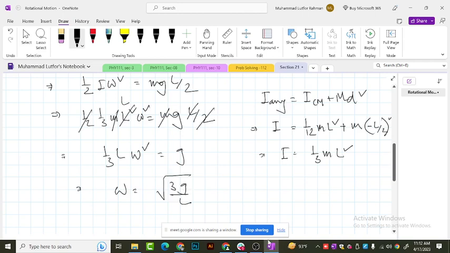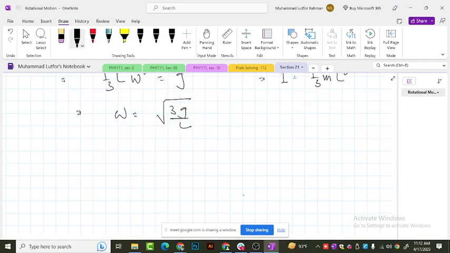Alright, so if I know that angular velocity, then I'll be able to find the linear velocity or linear speed, which I can write as omega into r. So I found omega, which is root over 3g by L, into L, right? And L actually is 1 meter. If you plug in those values, it should be 3 into g.